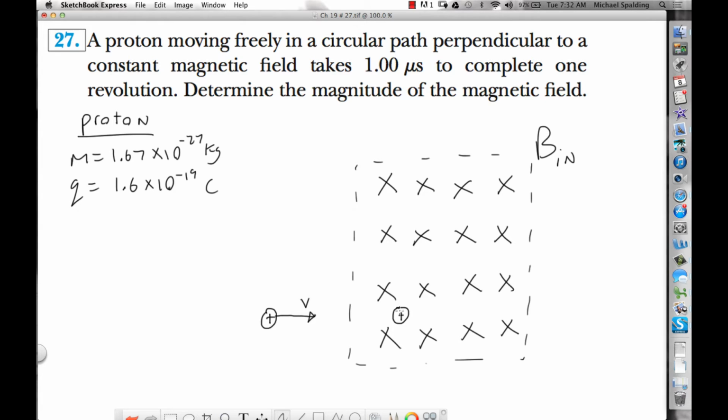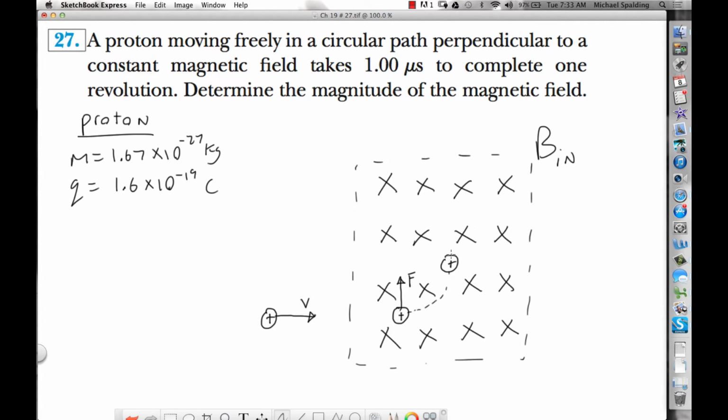So the force on this proton is going to be that way, but the velocity was that way. So what's that going to do to the proton? Is the proton still going to travel in a straight line? Not if the force is up. What we found out in our lecture is that the proton is going to curve upward, right?